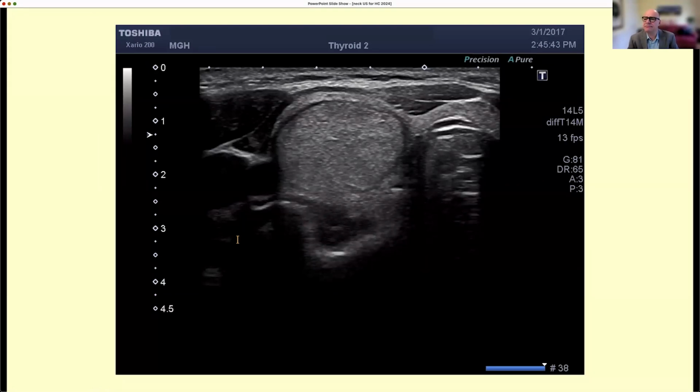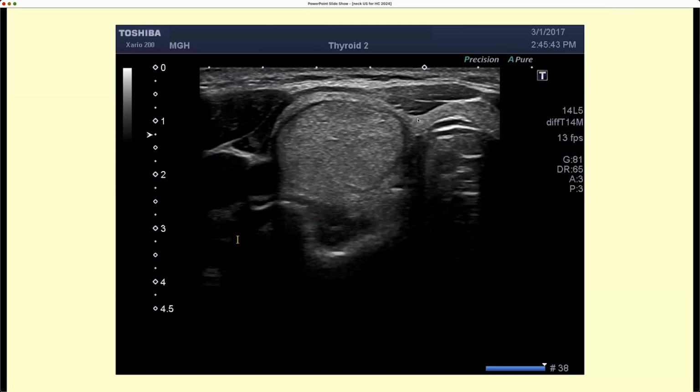Any taker on this one? It's a solid nodule with what looks like well-defined borders in there. Okay. So a well-defined nodule, solid. And how about the texture? What do you say about the texture of this nodule? What does it look like?